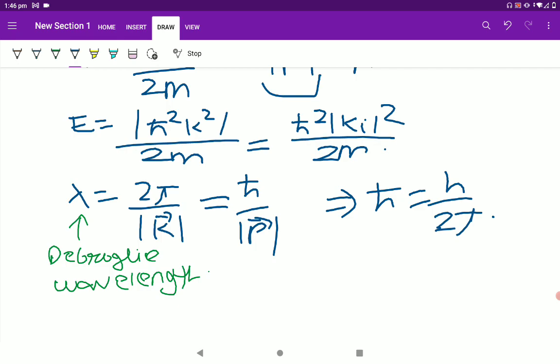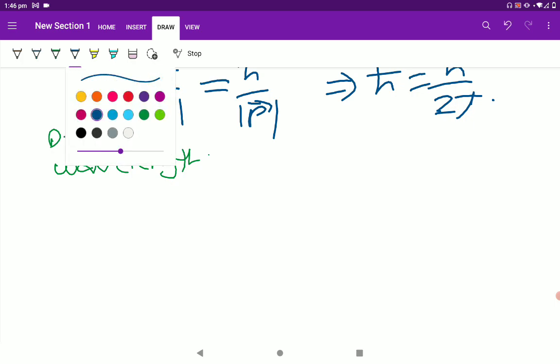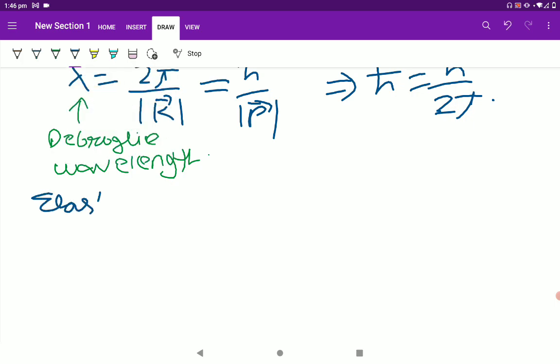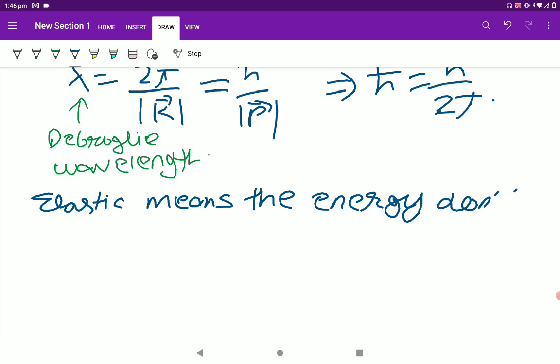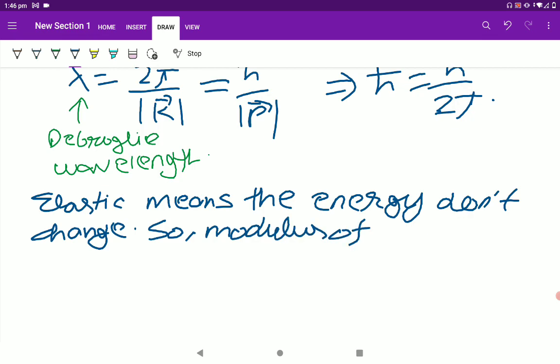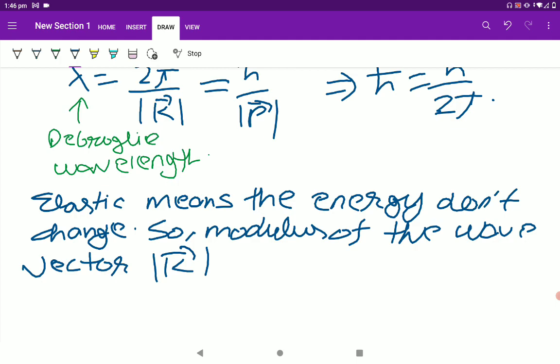So elastic means the energy does not change. So the modulus of the wave vector, that is k, does not change.